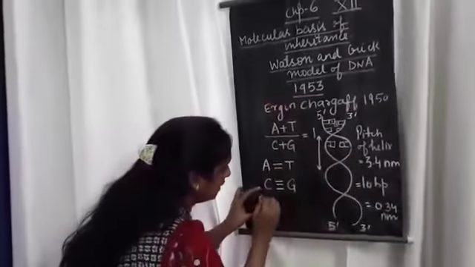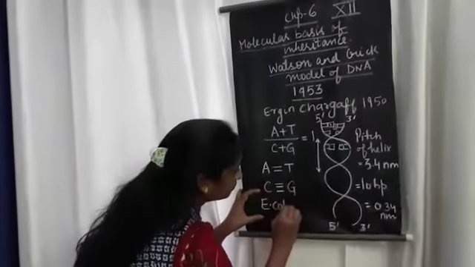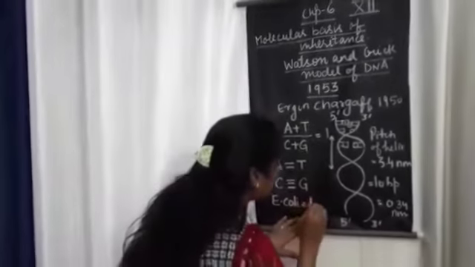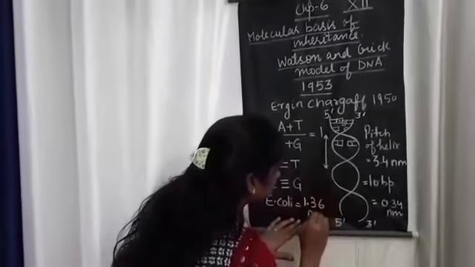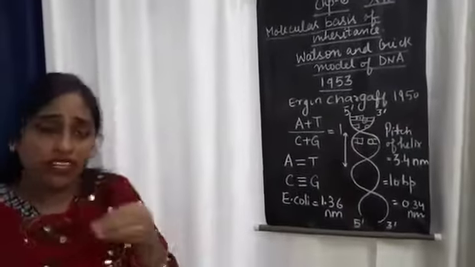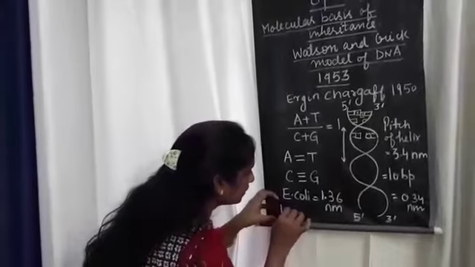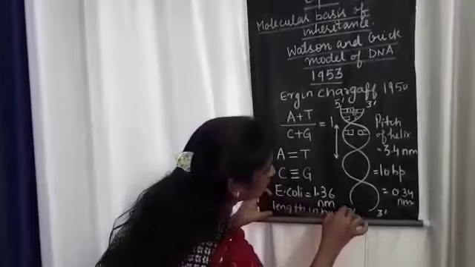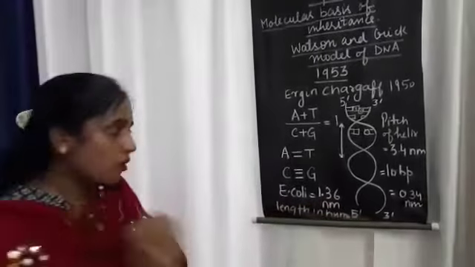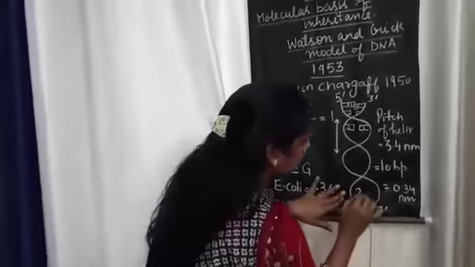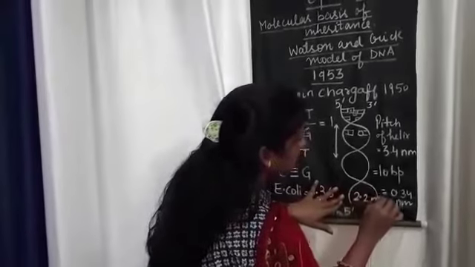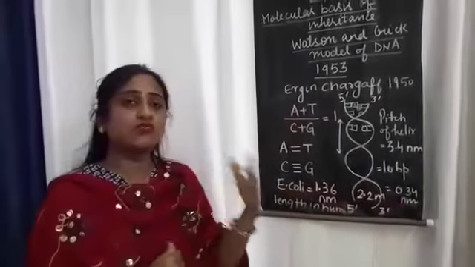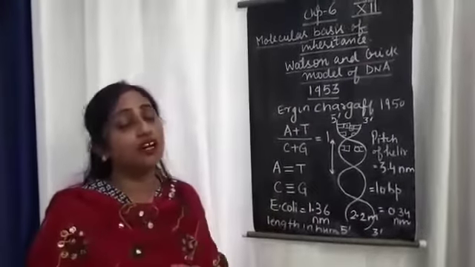And in the E. coli, the length of the E. coli DNA is 1.36 nanometer, and the length of DNA helix in humans will be approximately 2.2 meter. How this calculation came, we will be learning in the next lecture once we will be dealing with the packaging of the DNA helix.